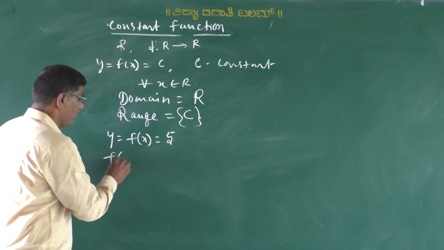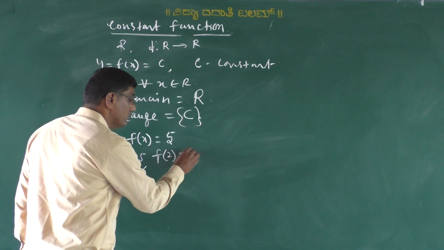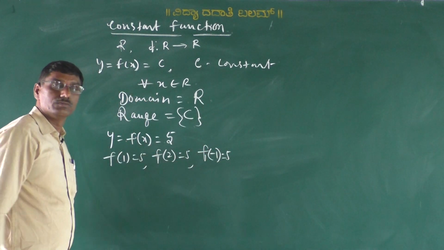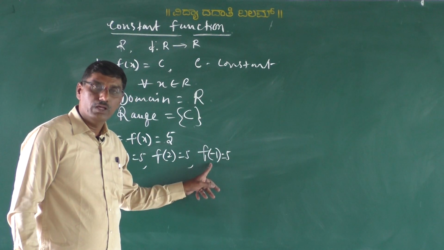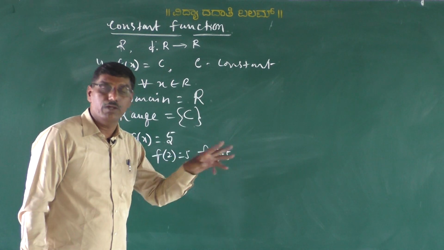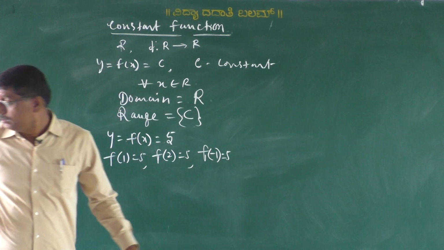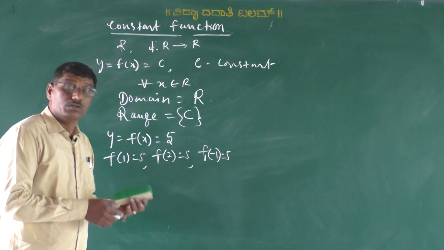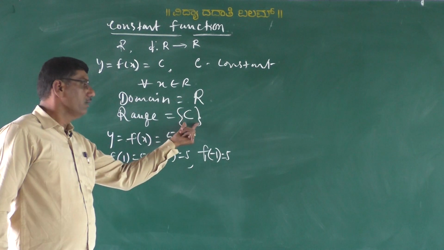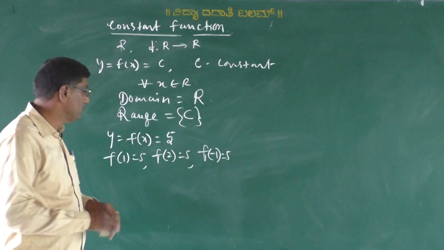Like for example, f of 1 we get 5, f of 2 we get 5, f of minus 1 we get 5, f of 3 we get 5, f of 4 we get 5. That means for any real we get a constant, that is 5. This is an example of a constant function.